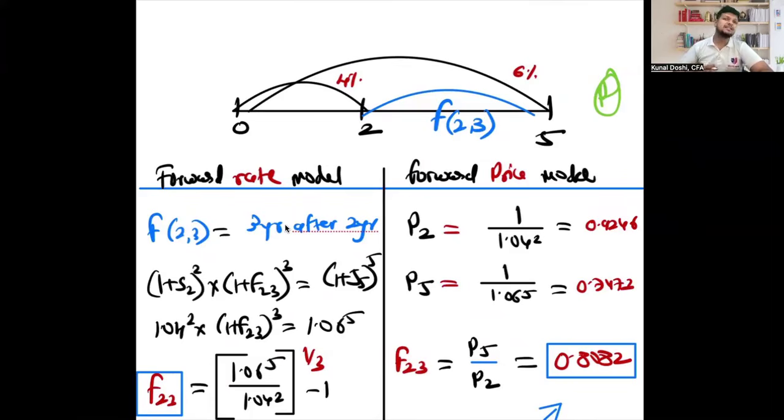Now, one of the basic questions that students generally ask me is whether in the exam they are going to test what is the biggest difference between both. In reality, both models rely on one concept: that the forward rate can be derived from the spot rate or the zero coupon rates. And through that, you can find the value of the bond, right?